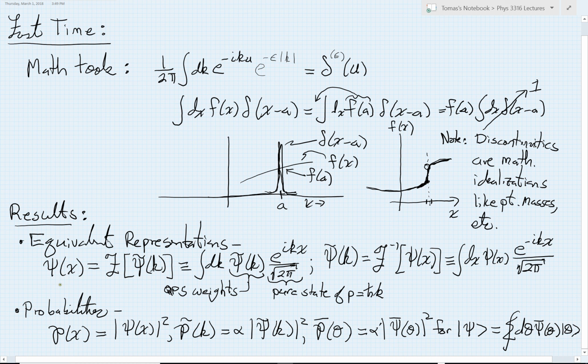The point here is that these two functions contain equivalent information, because from one we can always derive the other. So we really have two different representations for our quantum states, which are equivalent to each other. This one is known as the position representation, and this one is known as the momentum representation because it deals with momentum.